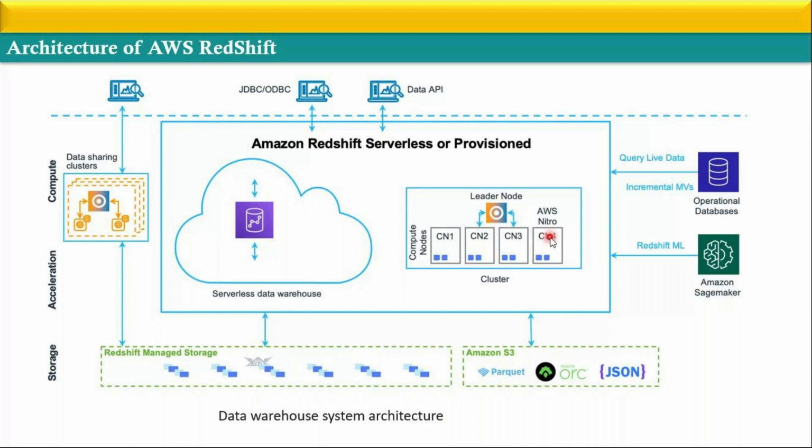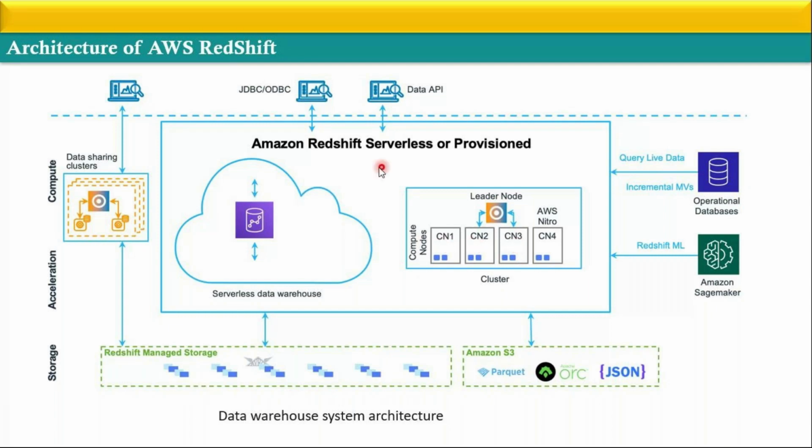So the data which is placed inside the Redshift cluster, we can apply machine learning algorithms on top of it, or you can ingest data from some operational databases and move it inside Redshift once the data is very huge, and then processing can be done over there.